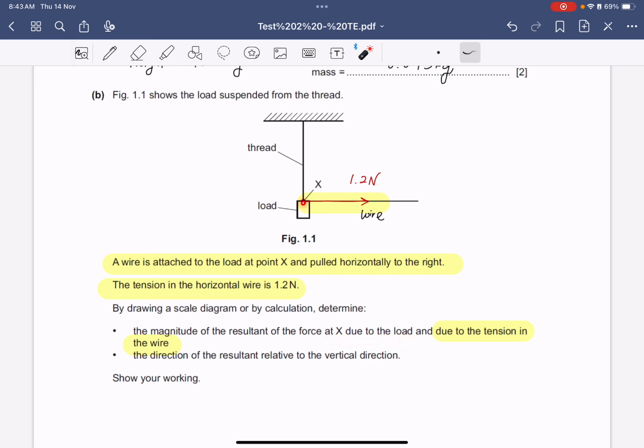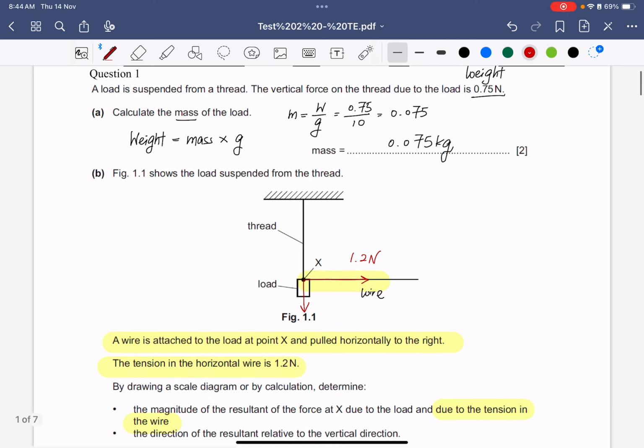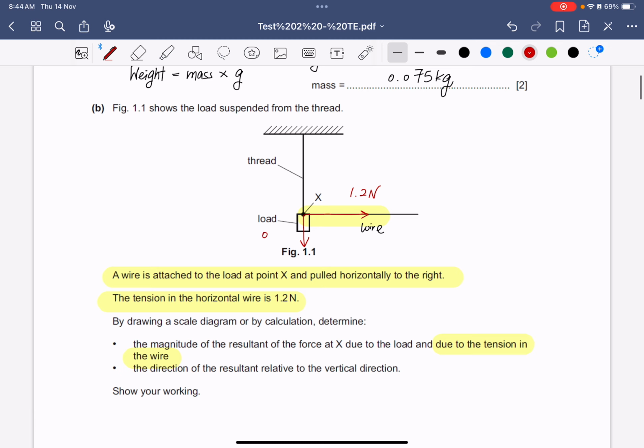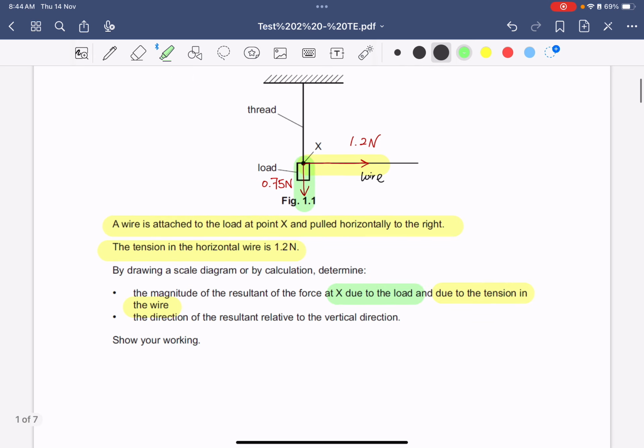Well, the load is experiencing the gravitational force. So there is another force going down. We have calculated it already. They give you already 0.75 Newton. So this will be the second force. Right now, we need to find the resultant force of these two vectors.